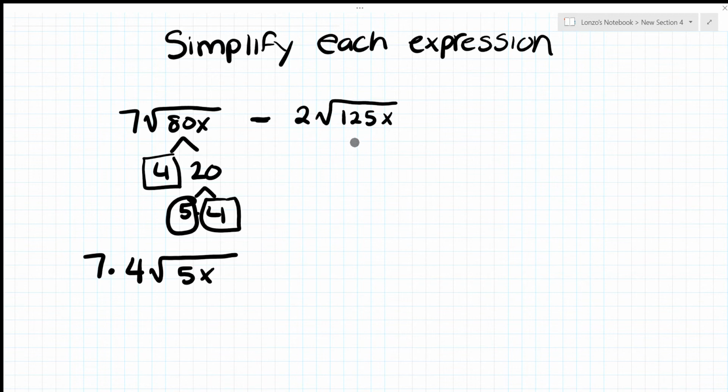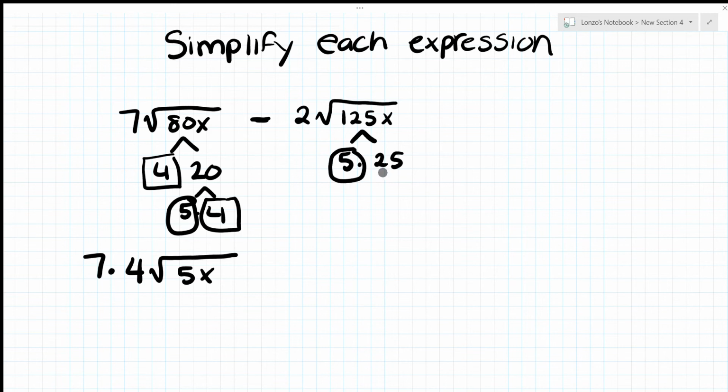Now let's do the 125. Two numbers multiplied to 125: 5 and 125. Oh, no, sorry, 5 and 25. So the square root of 25 is 5, and the 5 is the prime, I'm going to circle that one.